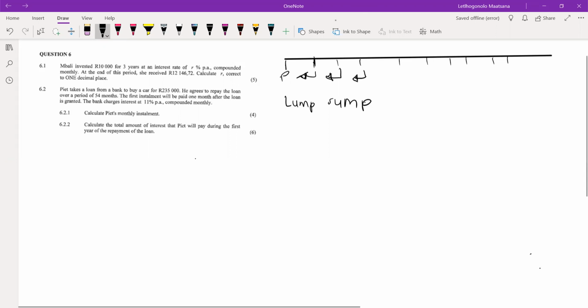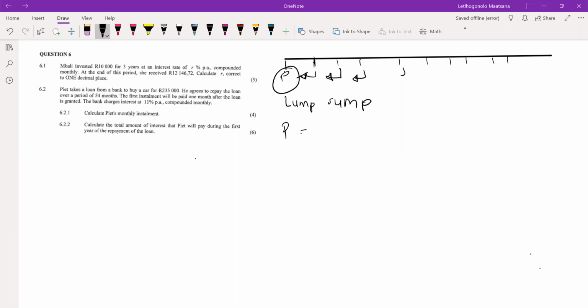So let's look at what would be the lump sum that Pete has paid if we're thinking about how much he pays every month now. Because we are taking future values and bringing them to the present, we will calculate this as a present value.